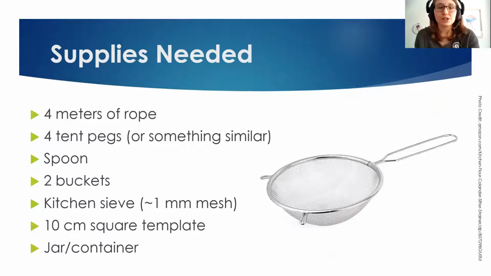For this procedure, you would need 4 meters of rope, to make 1 square meter, so 1 meter on each side. For tent pegs, you could just as easily use something like a stick or a spoon. You'll need 2 buckets, a kitchen sieve, and they want you to have one with a mesh size of about 1 millimeter. And then you'll need a 10 centimeter square template.